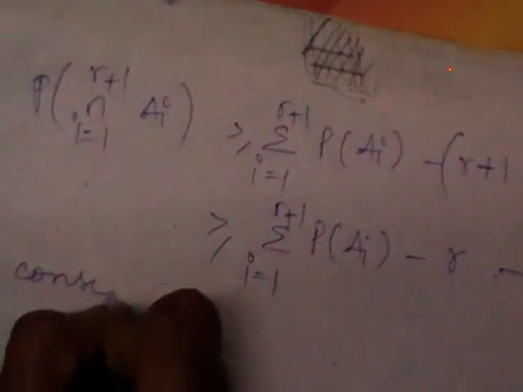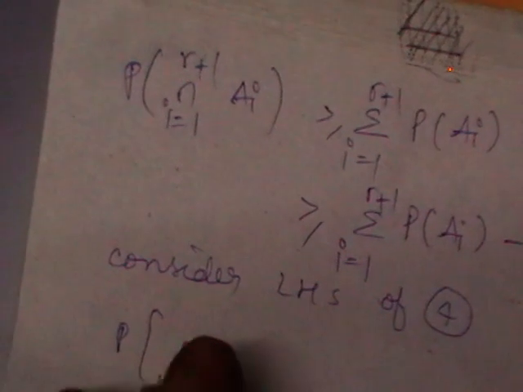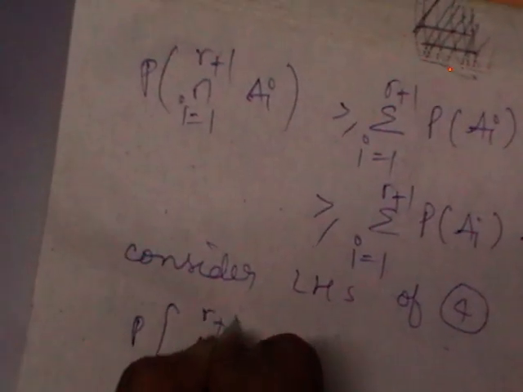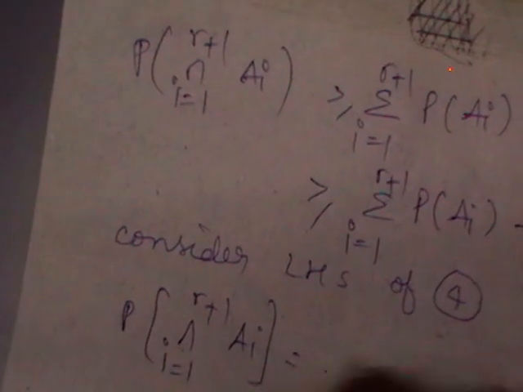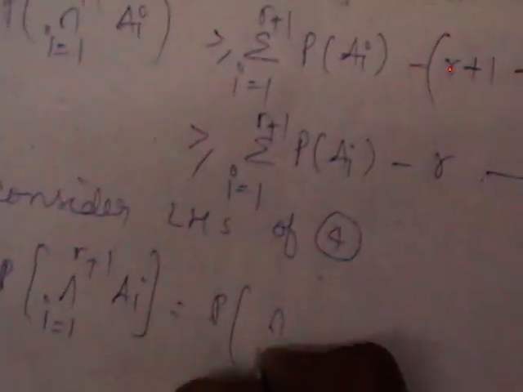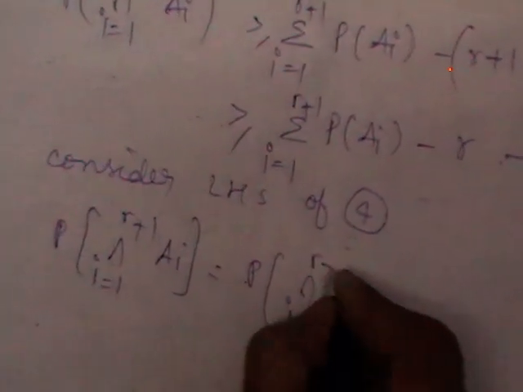Consider the LHS of equation number 4, the intersection i is equal to 1 to r plus 1. The same thing we did in the addition theorem also: as we have 1 to r plus 1, the previous term will be r. Let us split the entire r plus 1 terms into two disjoint parts, that is intersection i is equal to 1 to r of Ai, and A(r plus 1).